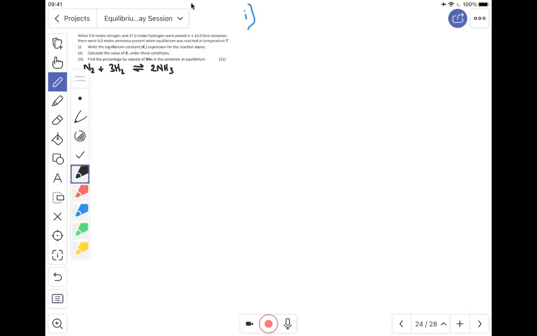So we know that for our equilibrium constant, it's going to be called Kc, and we know that we have our products divided by our reactants. So we need our square brackets and we put our product into it. So our product is ammonia, NH3, and that is raised to the power of 2.